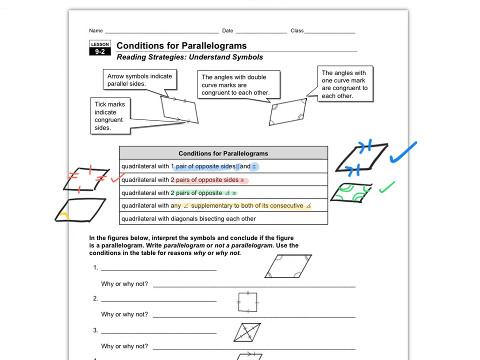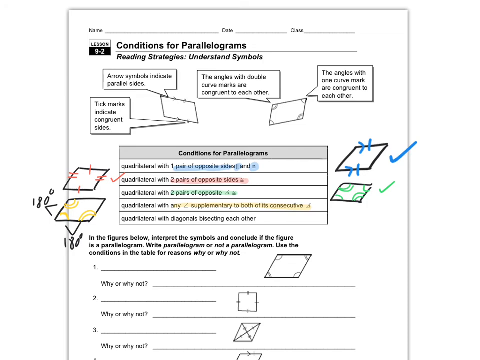So that means that this bottom one and the top one add up to 180. And also the bottom left and the bottom right add up to 180. That's what it means for an angle to be supplementary to both of its consecutive angles. It means when you add the measures of the angles right next to that one to it, they add up to 180.